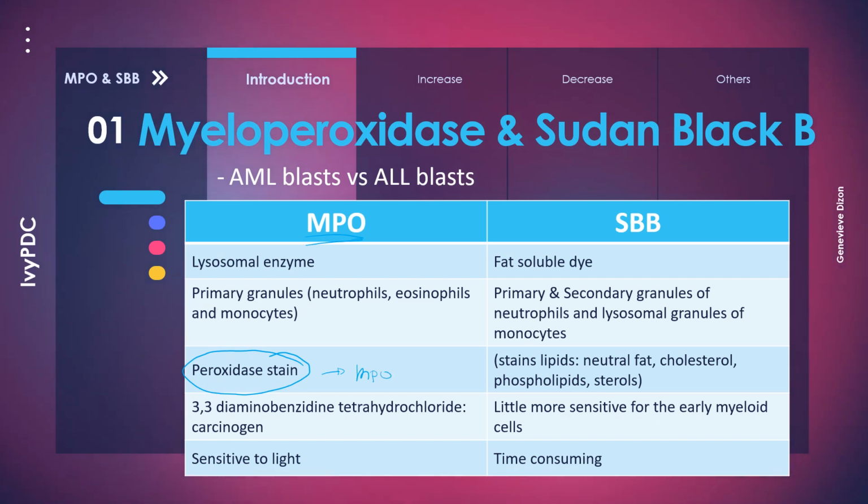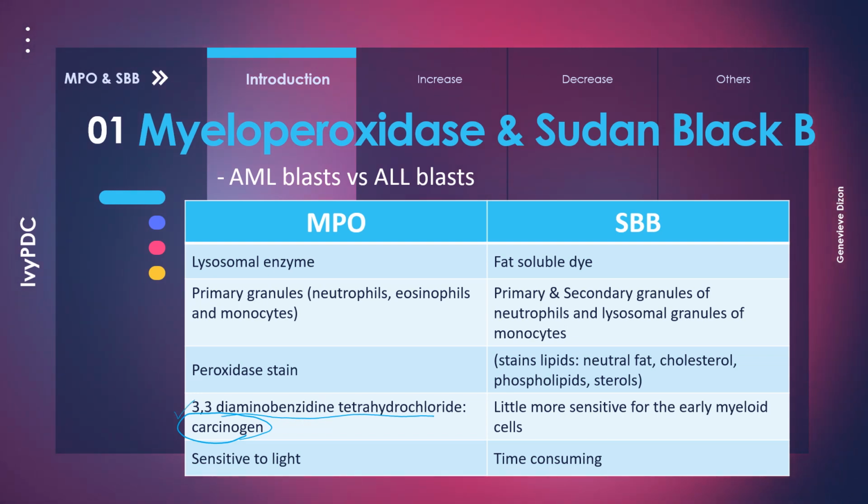Since myeloperoxidase is an enzyme, we need to use a peroxidase stain to identify the presence of the myeloperoxidase enzyme. One of the disadvantages of the MPO method is that it uses 3,3-diaminobenzidine tetrahydrochloride, which is a substrate being used in one of the methods, and this is a potential carcinogen. That's why certain precautions should be observed when handling this reagent.